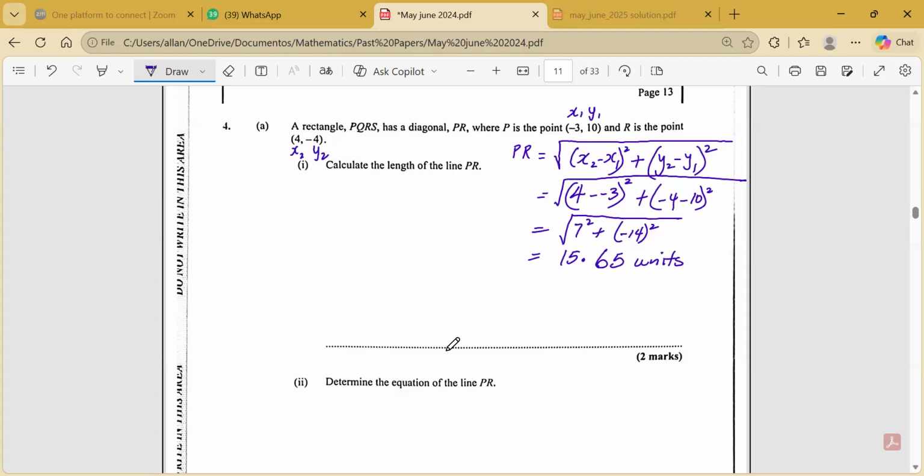So y2 is negative 4, minus y1, which is 10, over x2, which is 4, minus x1, which is negative 3. So that's negative 14 divided by.